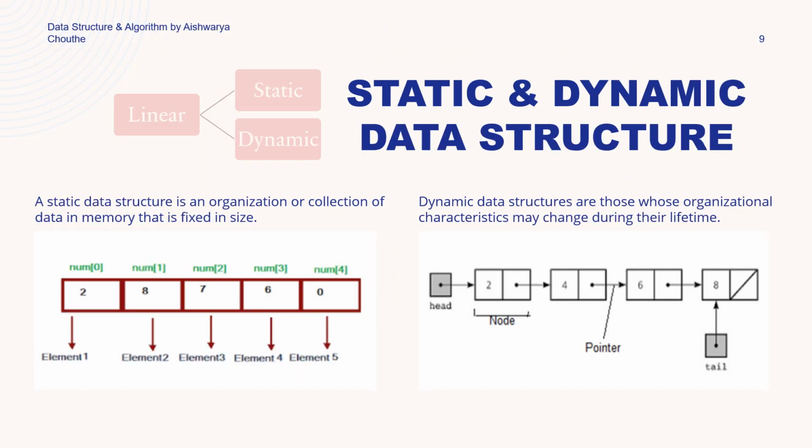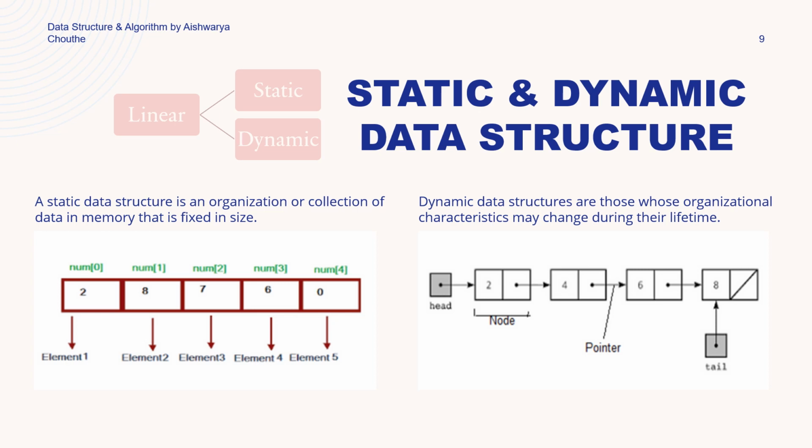Linear is again divided into two parts, that is static data structure and dynamic data structure. A static data structure is an organization or collection of data in memory that is fixed in size. Vice versa, a dynamic data structure is dynamic in size. In a static one, we need to define the size while declaring, but it's not the case in the dynamic one.